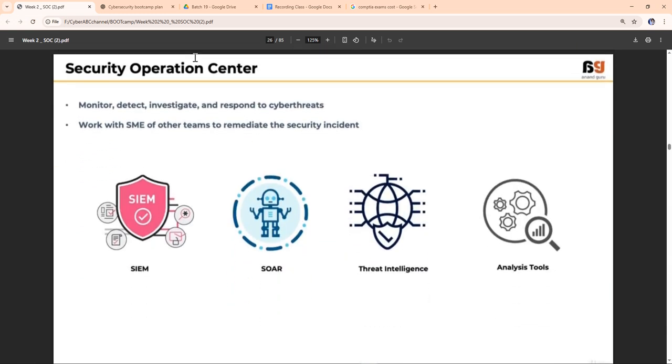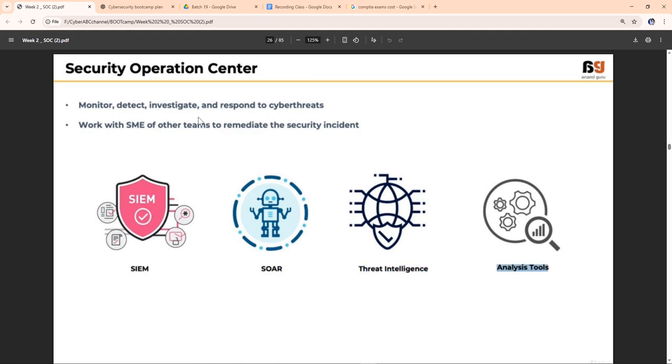Now the security operations center team: their job role is to monitor, detect, investigate, and respond to cyber threats. And they work with specialists of other teams to remediate the security incidents. These are some of the fantastic tools they use in the SOC environment.